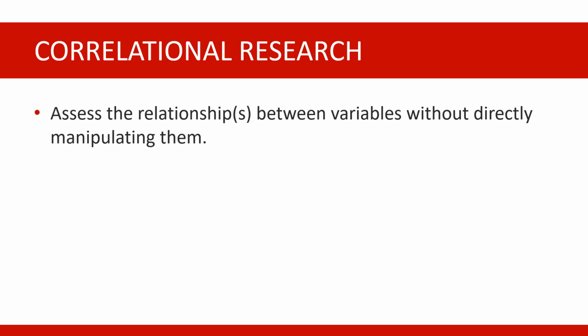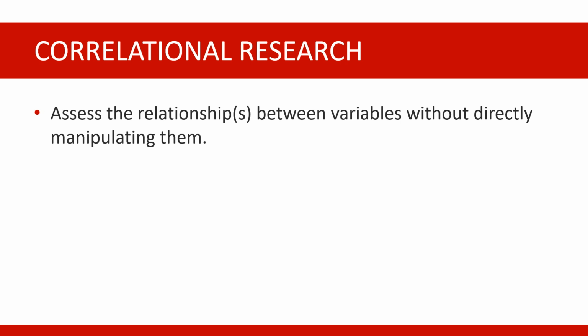So if the two variables are very closely related and changes in one variable are very strongly predictive of changes in the other variable, then we would see a correlation coefficient that's close to +1 or -1. As the relationship gets weaker, the size of the correlation coefficient will decrease, and a correlation coefficient of 0 tells us that there's no systematic relationship between two variables.